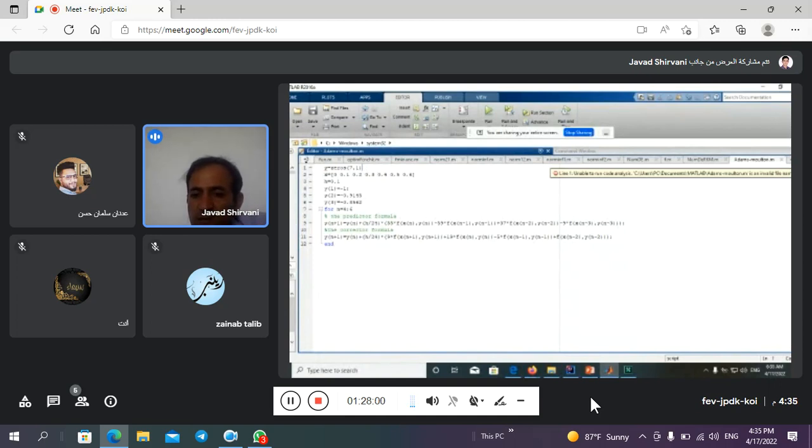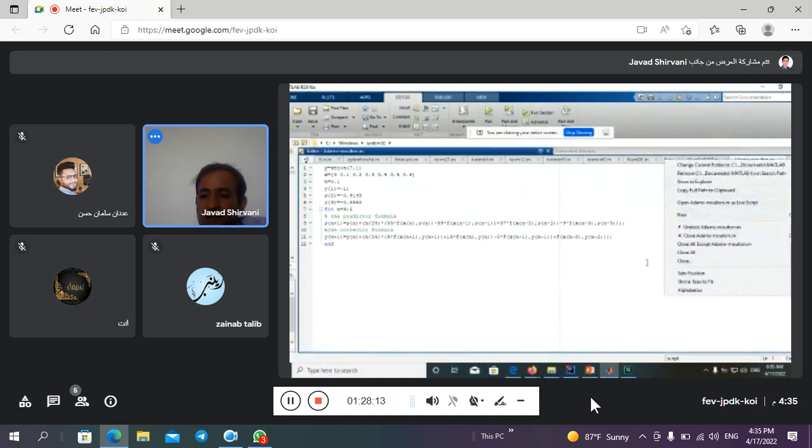There is an error here in code analysis: valid file name. Let's rename it, non-count.